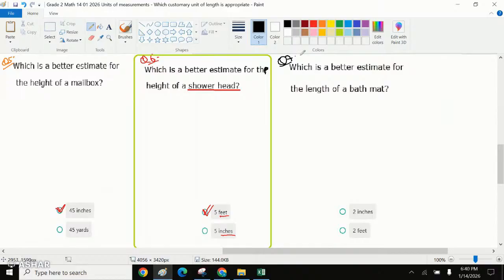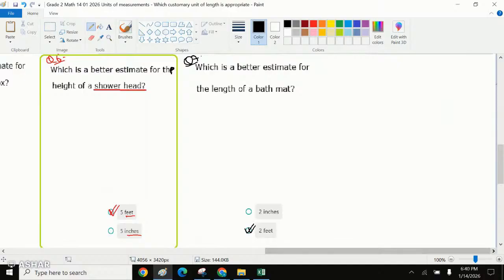Since we are standing on it, covering it with our feet, the length should be in feet, right? Because the length of our feet is not 2 inches. Yes, 2 feet is a better estimate, right? Let's try one more. This is 2 feet.